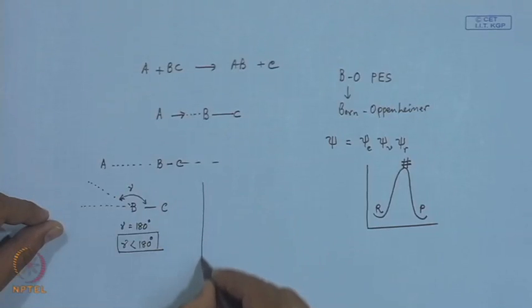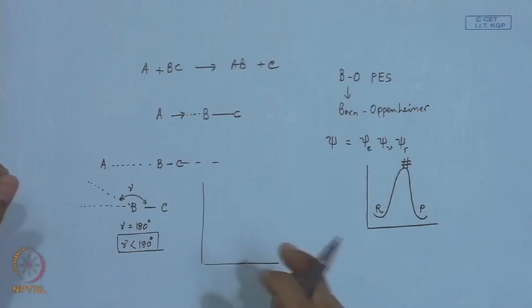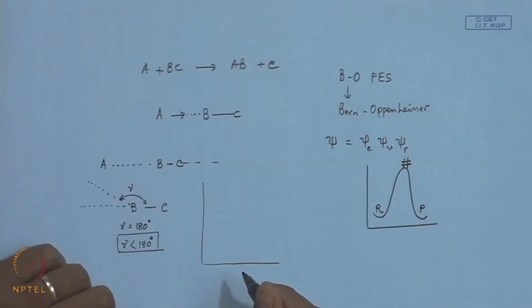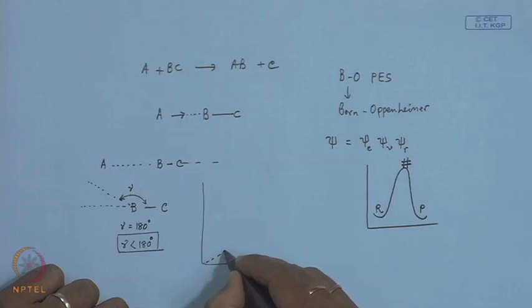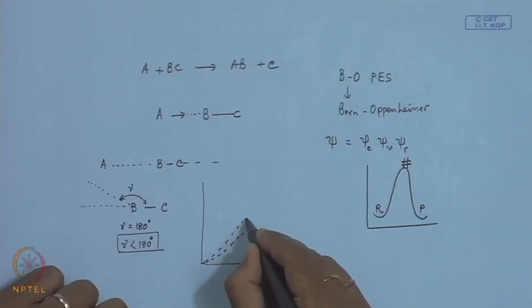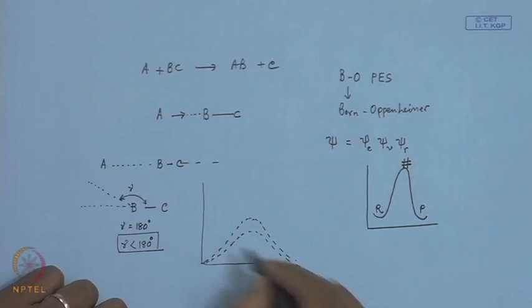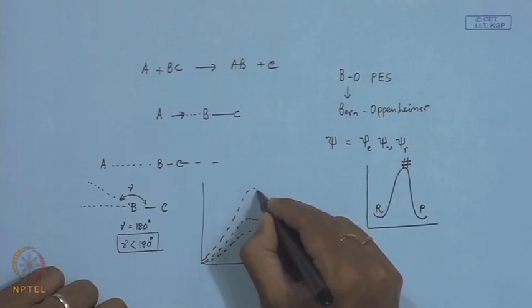If you plot the barrier height in terms of various angles, for this particular reaction the barrier height may be increasing, and it is still higher for other angles.